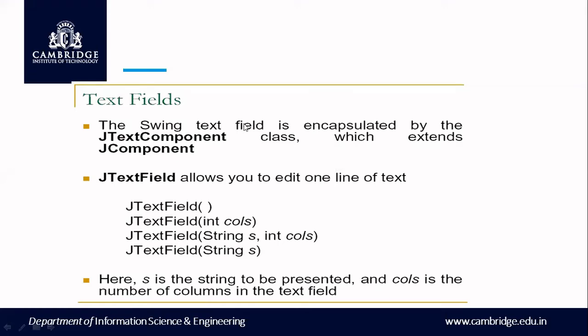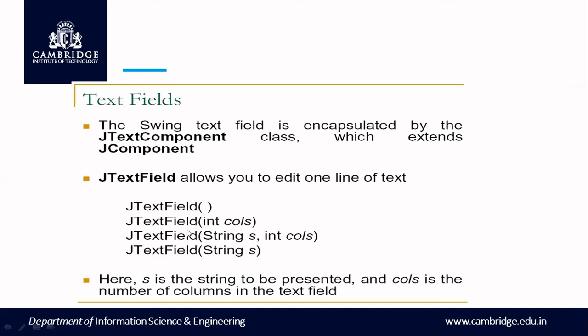Now the Swing text field is encapsulated by JTextField, which extends JTextComponent. This JTextField allows you to edit only one line of text. You can't write 2 or 3 lines, only one line of text.